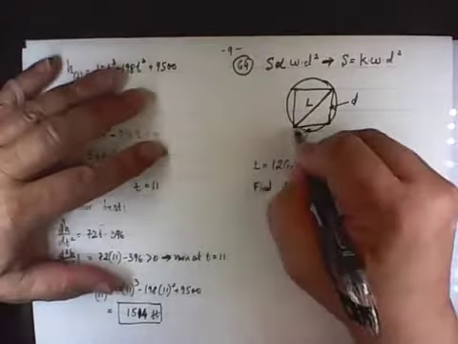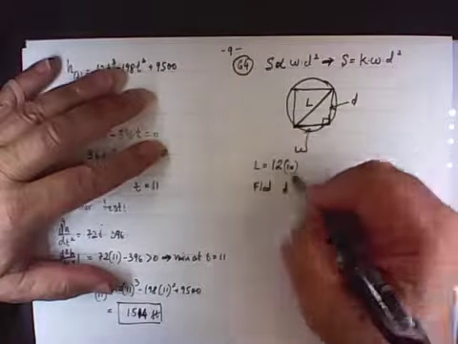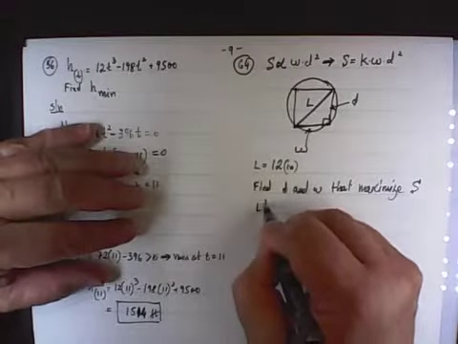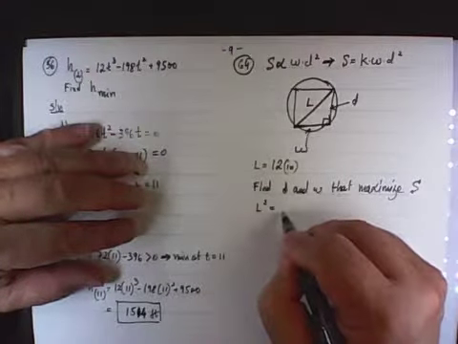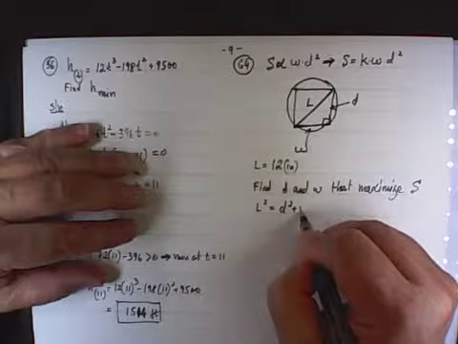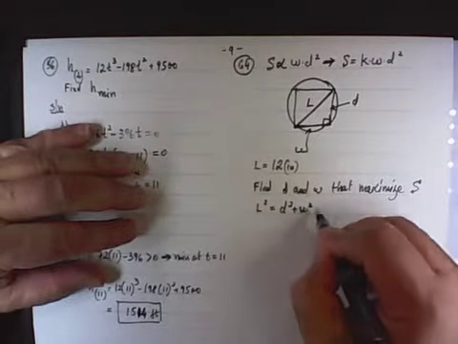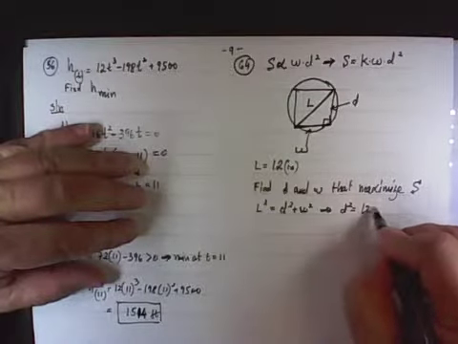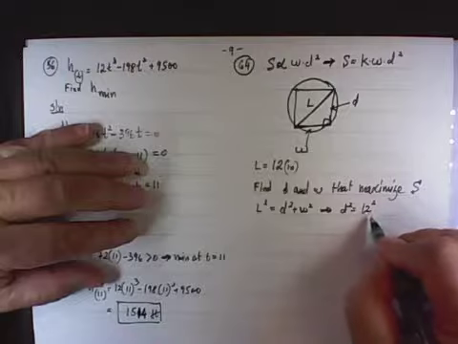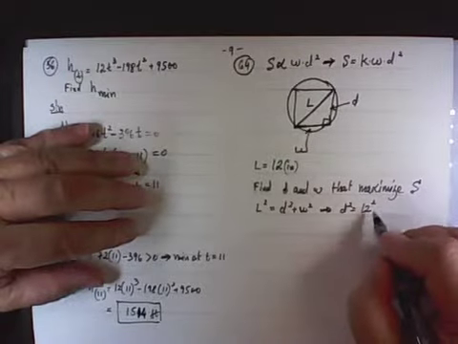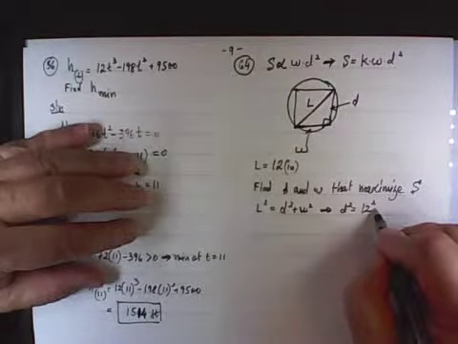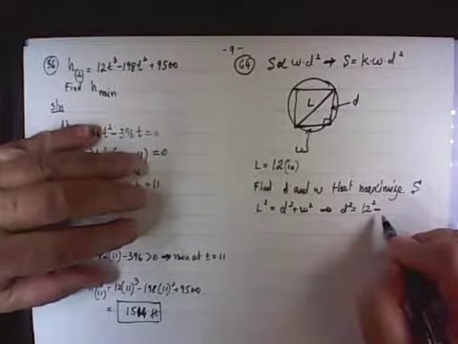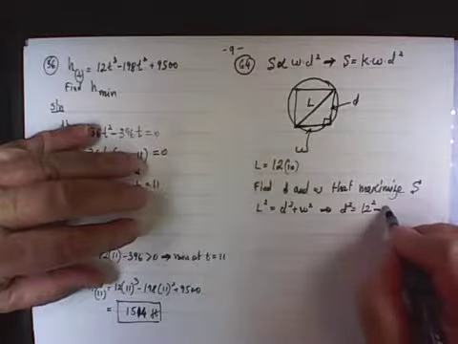So the trick is to find a relationship between D, W, and L, given L, and we know that by the Pythagorean theorem, L squared equals D squared plus W squared. So from here we get that D squared equals 12 squared, or L squared, minus W squared.